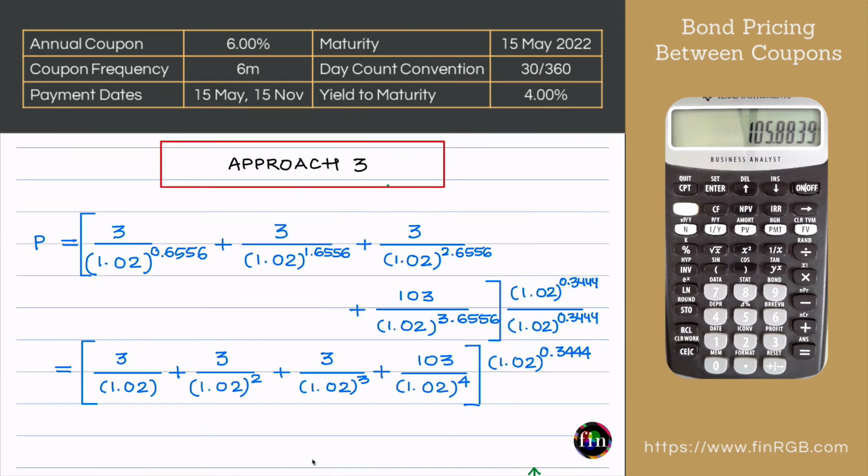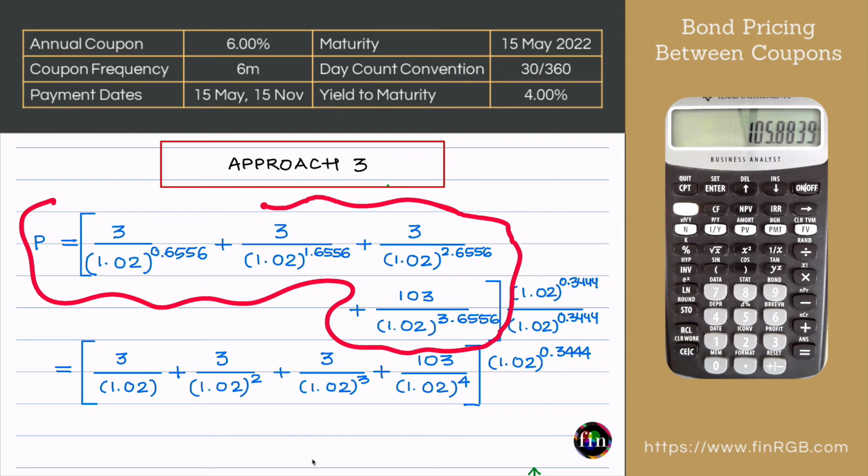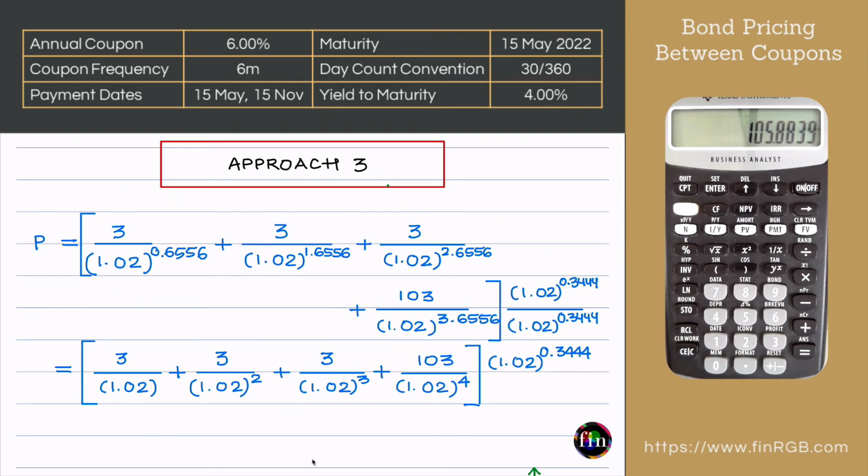Again, I have started with the same expression which I had in my approach 1, and to make the exponents, the powers, whole numbers, I'm using a slightly different trick. Let's multiply and divide by 1.02 to the power 0.3444.